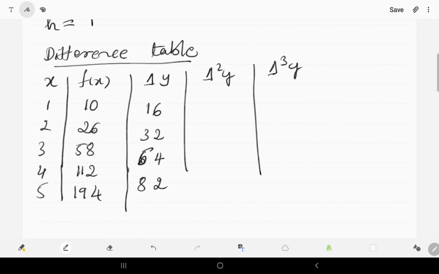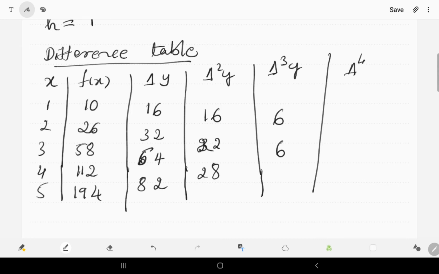Now again delta square y is given by 16, 22, next it is 28, and this is difference 6, and delta raised to 4 y is equal to 0.